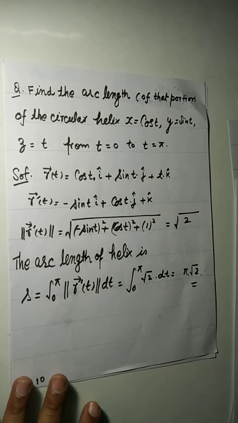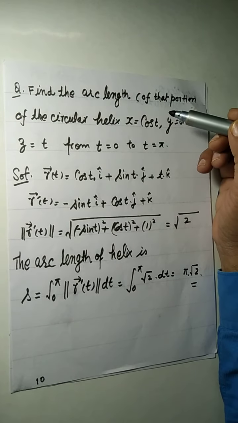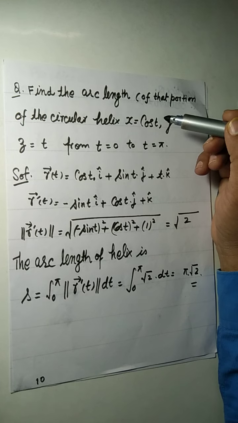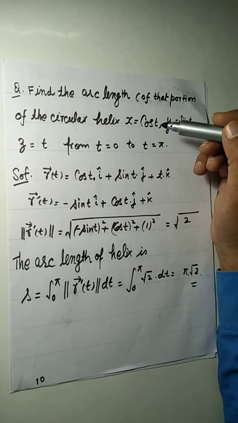Now we have to obtain the arc length of the portion of the circular helix.